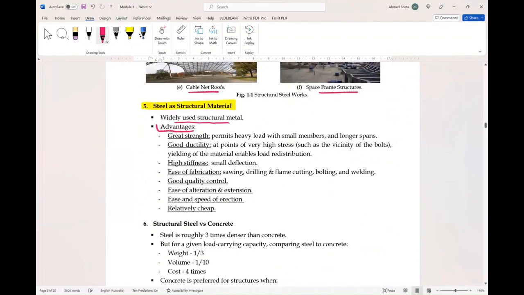Some advantages of steel are great strength, which permits heavy loads with small members and longer spans, and good ductility at points of very high stress. Yielding of the material enables load redistribution. So steel shows good ductility, which helps to redistribute the loads when yielding.